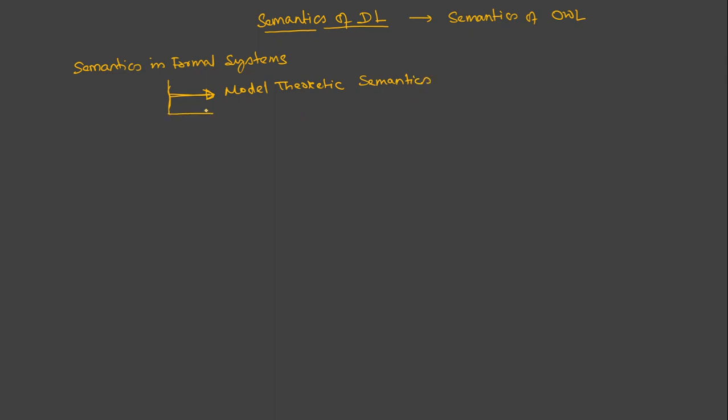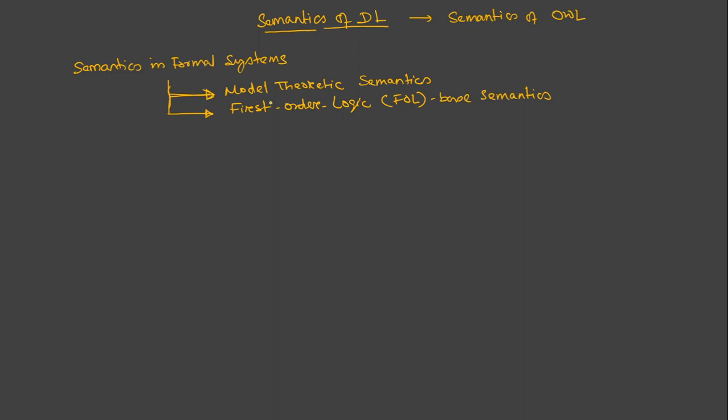And the second one being the first order logic based semantics, or FOL based semantics. So when we talk about these different families, we'll try to represent them in both this model theoretic semantics and first order logic based semantics.